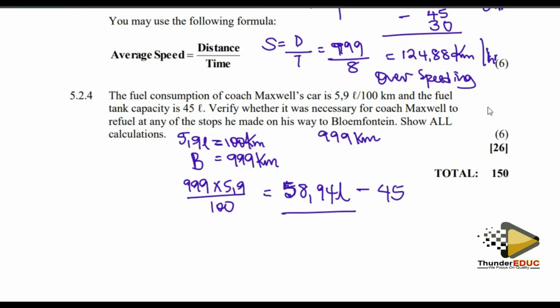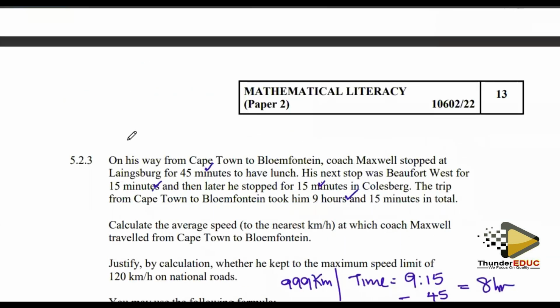Another part that you would also consider is to verify whether it was necessary for Coach to refill at any stop he made on his way to Bloemfontein. Show all calculations. Remember, Coach had to travel from Cape Town to Bloemfontein.